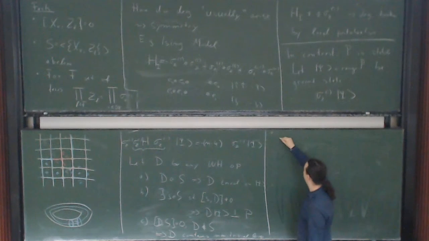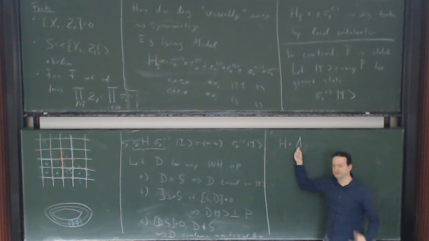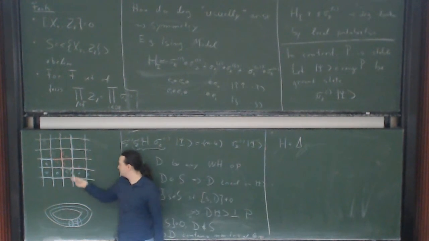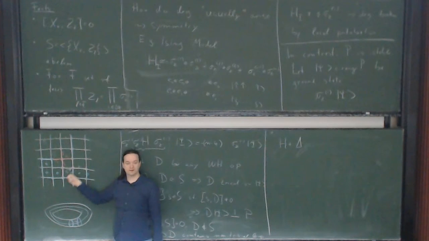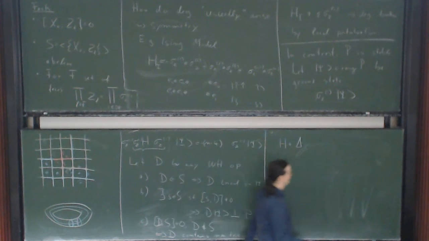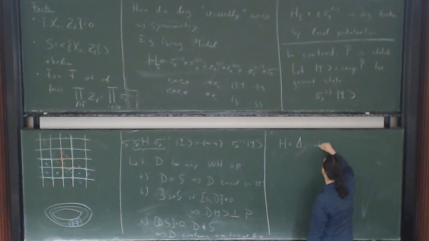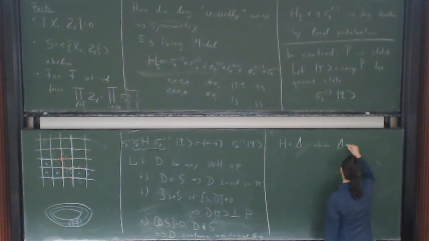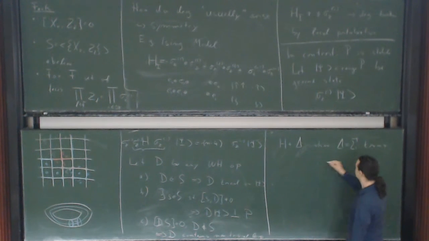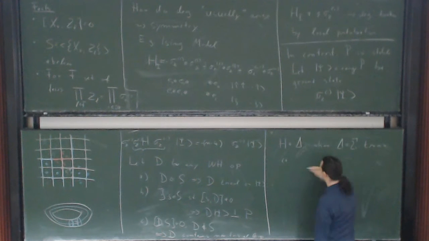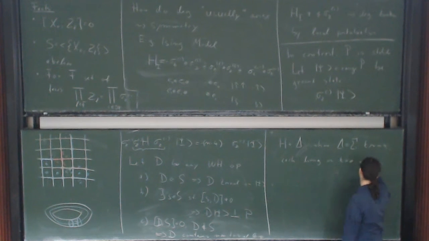So now take the Hamiltonian plus delta, where delta is a sum over terms, each a perturbation living on two edges.